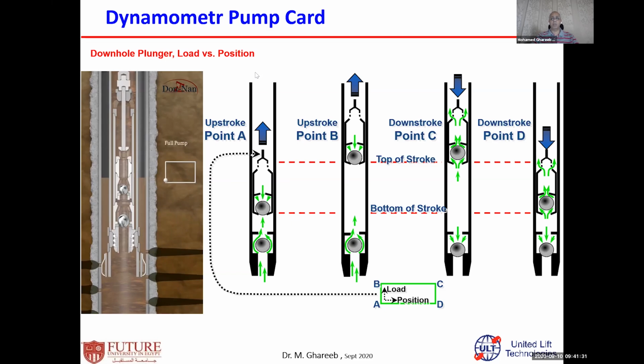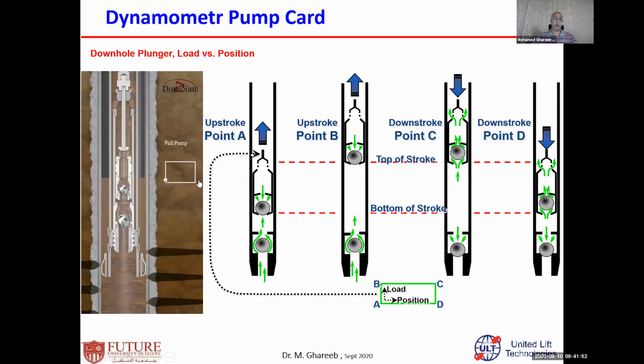When you see this dynamometer card, rectangular like this, you have two options here. First of all, my pump is running okay. This is the first impression, because I will show you on another slide that sometimes the card will be completely full like this, but there is a problem.